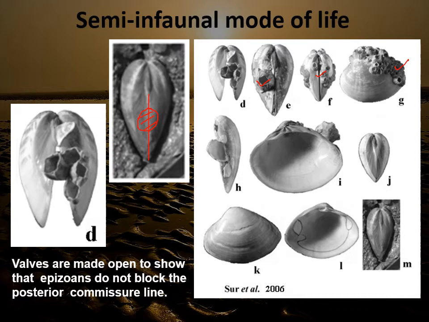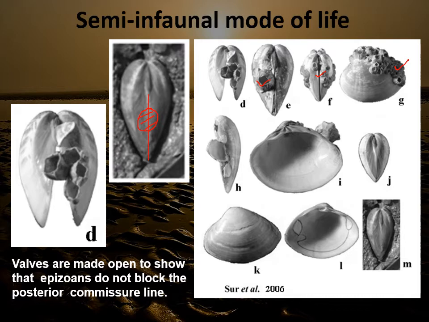So only if you get these kinds of epizoan attachments on the posterior side of the bivalves can you say that these attachments occurred while the bivalve was in living condition.